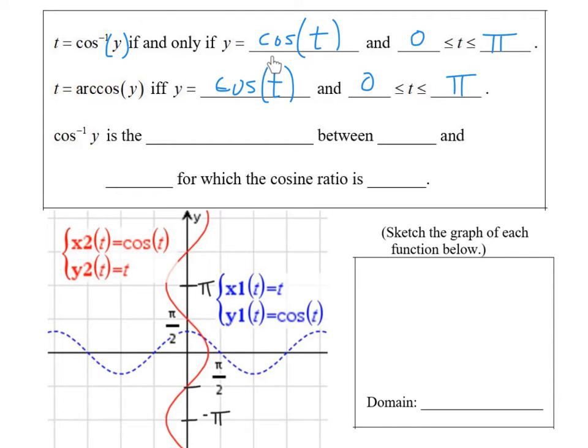And we might recall when we've been working with trig ratios before, we always take the cosine of an angle and we get a ratio. All right, so what is inverse cosine of y? Is that the angle or is that the ratio? I want you to pause the video and see if you can fill in these blanks, okay? Yes, do that now.